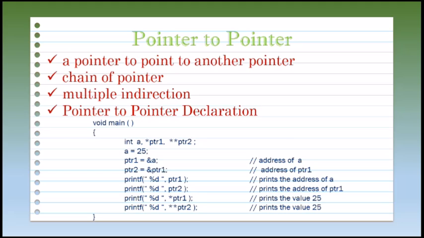So the value which is stored at the address of a will be printed. Again the same value will be printed, that is 25. So this line, star star ptr2, will print the value which is stored in variable a. That's why this is called multiple indirection.